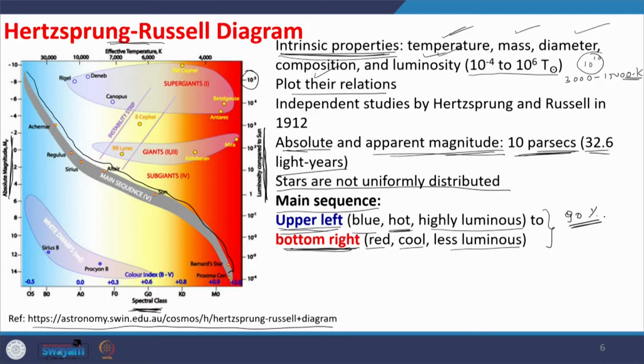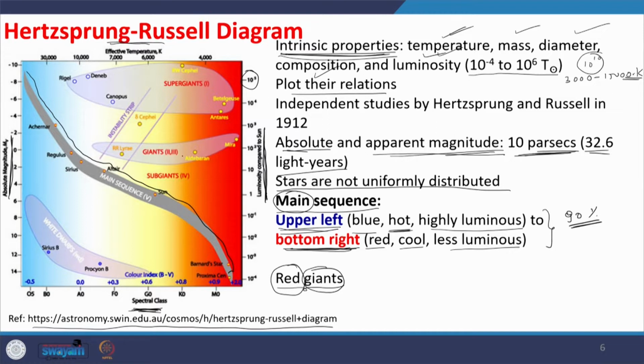Isn't it very interesting? 90% of the stars possess luminosity and temperature on the main sequence. Not only that, the remaining around 10% of the stars are clustered into several groups, like one group is red giants. As the word says, it is in the red region, but size-wise it is very large, with high volume.